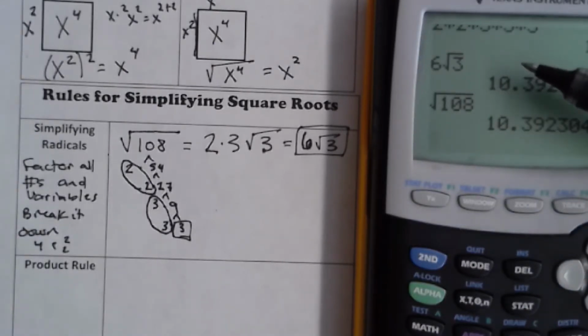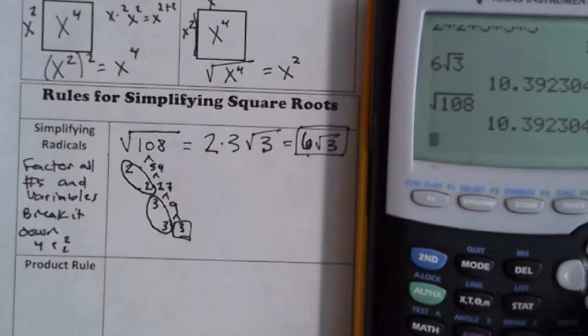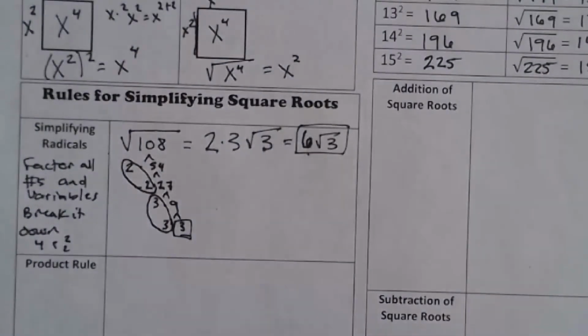So the square root of 108 is 10.39, but we usually don't like this decimal because it's not very exact. It's not very accurate because we have to do rounding. We don't want to write this whole thing out. So 6 square root 3 is what we call a simplified square root. Okay, I know that was pretty intense.